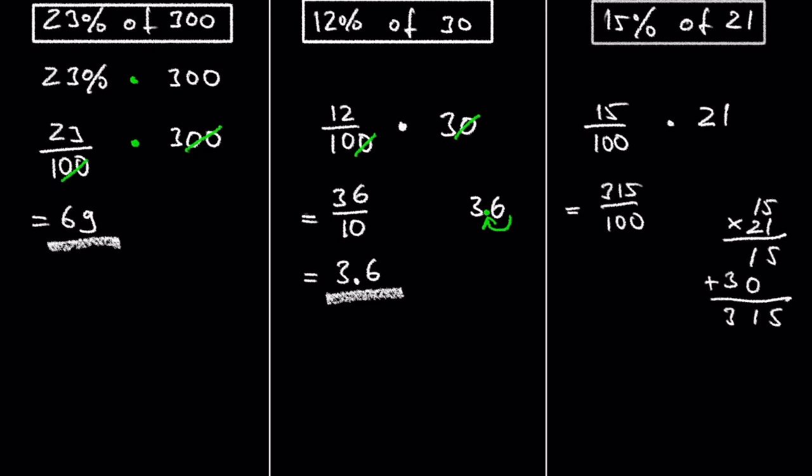Dividing by 100 is the same as shifting the decimal point 2 places to the left. So we get 3.15. So 15% of 21 is 3.15.